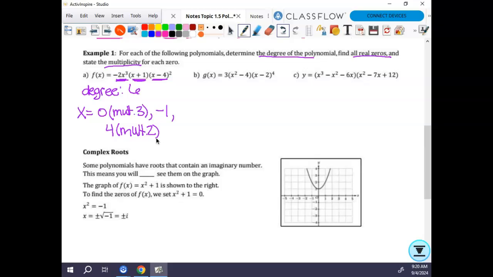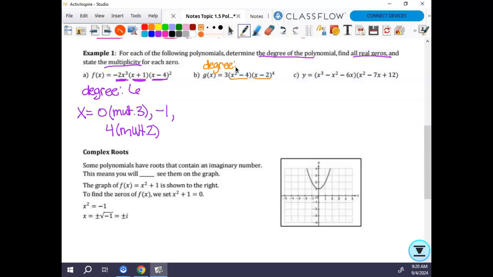All right. So look at B. Is B completely factored? No. This is a linear factor. This is not, right? But I can figure out the degree before or after, it doesn't really matter. What is the degree of this polynomial going to be?